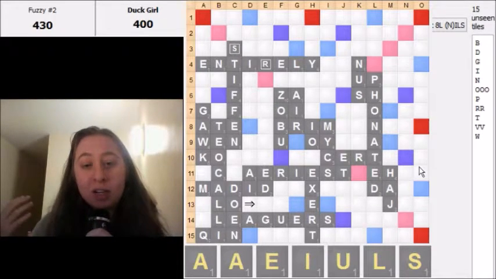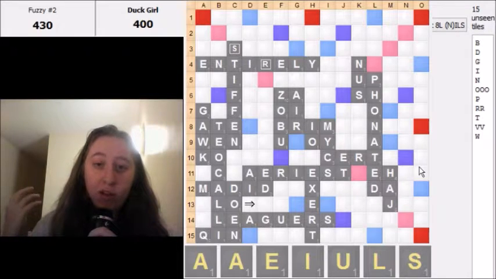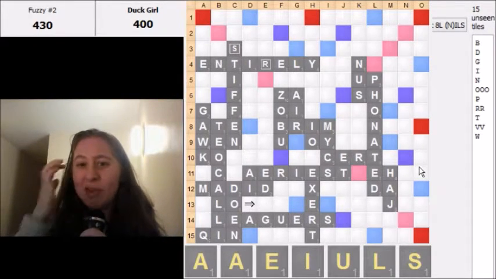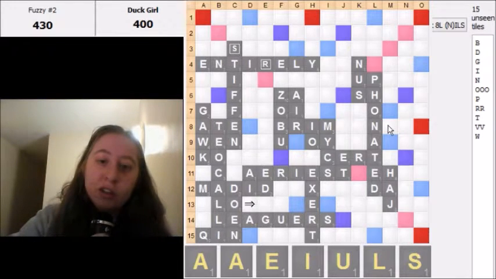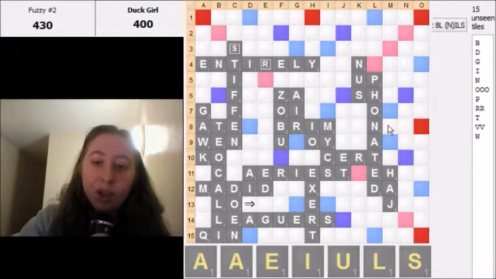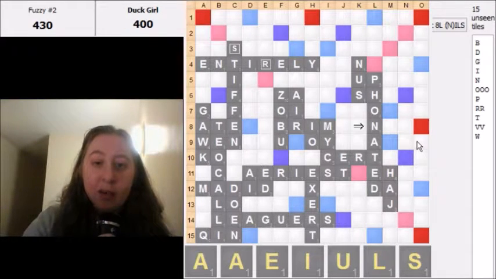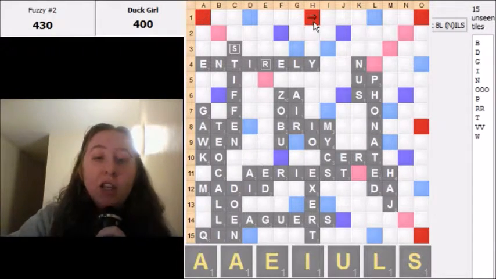Usually they'll either set up for bonuses or they'll set up for humongous scores, and to be fair, they're almost the same thing, aren't they? So the N is basically where we're focusing our plays here, but we can also focus our plays on these two triples here at A1 and H1.